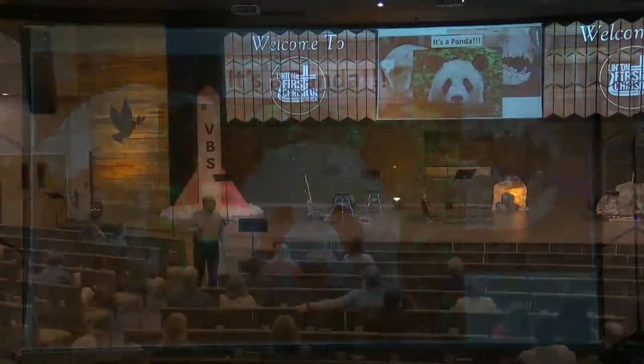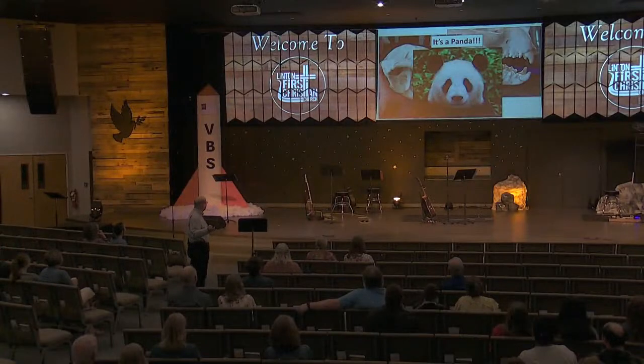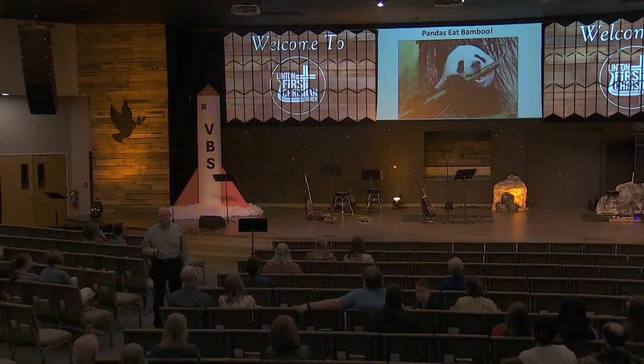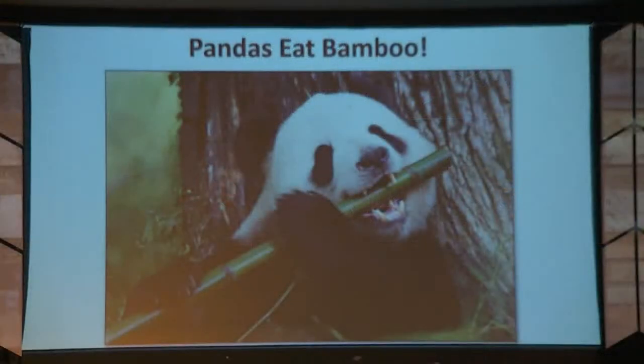Yeah, look at that. And he uses those nice sharp teeth to eat and strip bamboo. So they're pretty well adapted for that, not for tearing other animals apart. I really like this because you can see those little sharp teeth sticking out there. But he is definitely a plant eater.